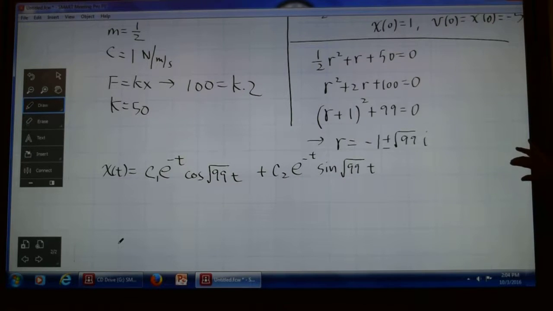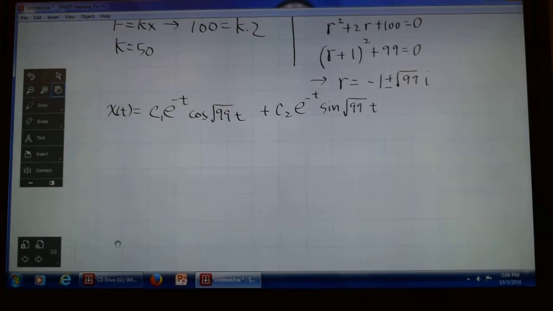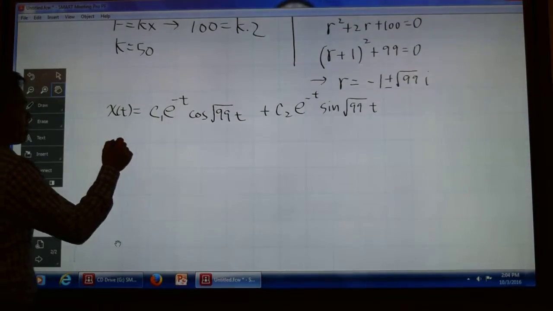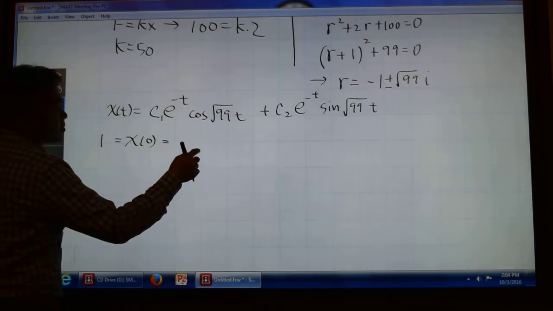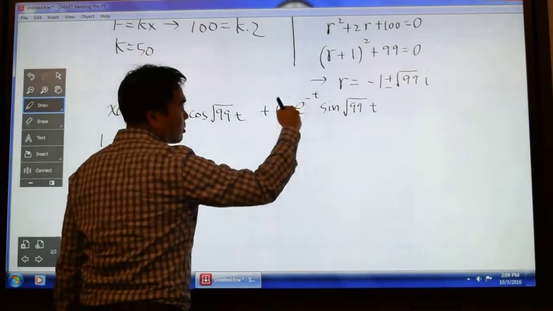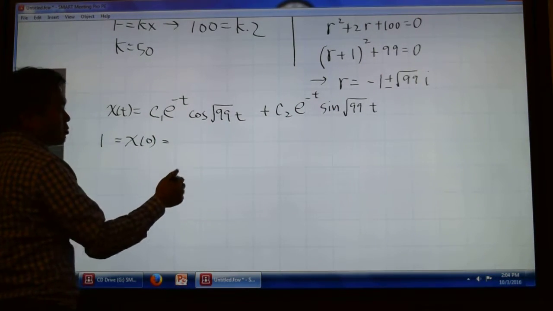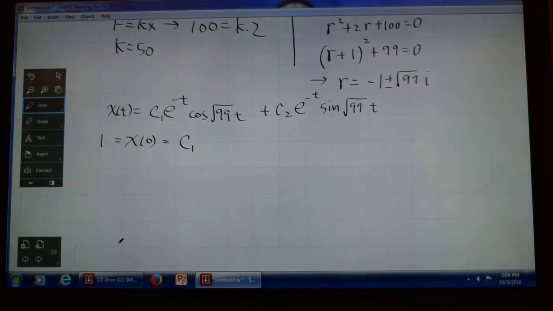Okay. And then now we plug in 0 to figure out the value of c1. x of 0 is 1, that was given. But since sine of 0 is 0, this one doesn't survive, and e to the 0th power is 1, cosine of 0 is 1. So the only thing that you get from the right side is c1, so we get c1 equals 1.